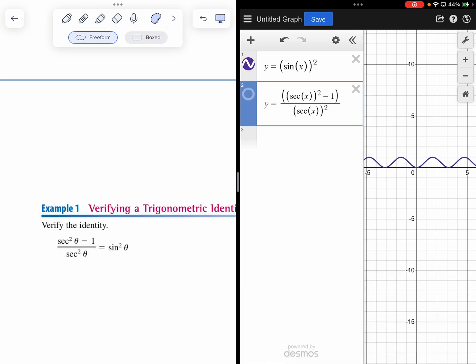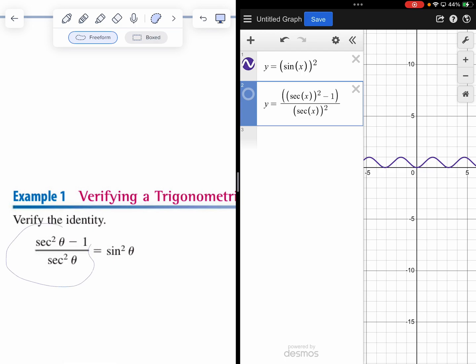I want you to see right there in my graph that the left side of the equation and the right side of the equation are on top of each other. Because every output is the same, this is no longer an equation. We're calling this an identity. It's an identity because the left side of the equal sign and the right side are on top of each other.